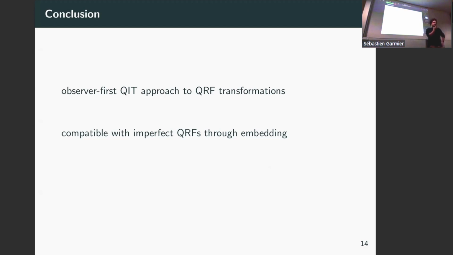So, a very famous different approach to quantum reference frames is the so-called perspective-neutral approach. The main mathematical difference is that you don't want gauge invariance for your states, but some kind of coherent version of gauge invariance.